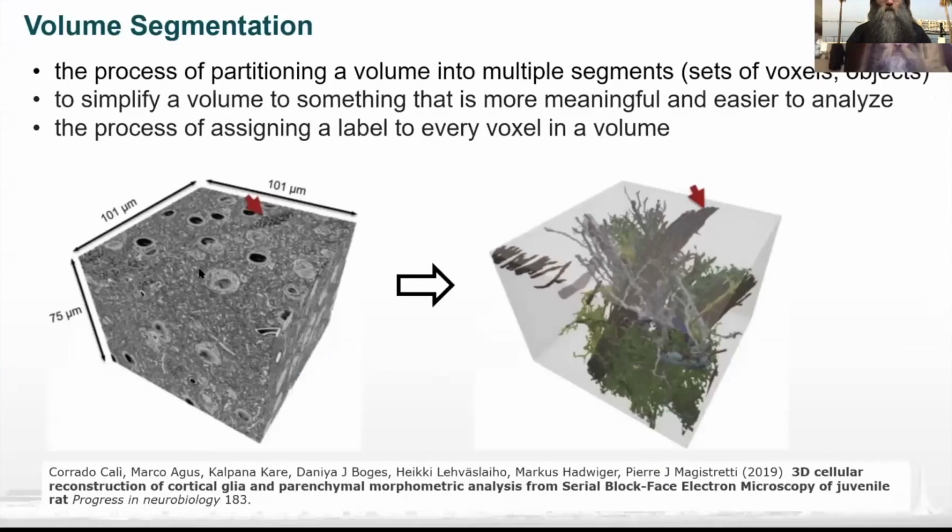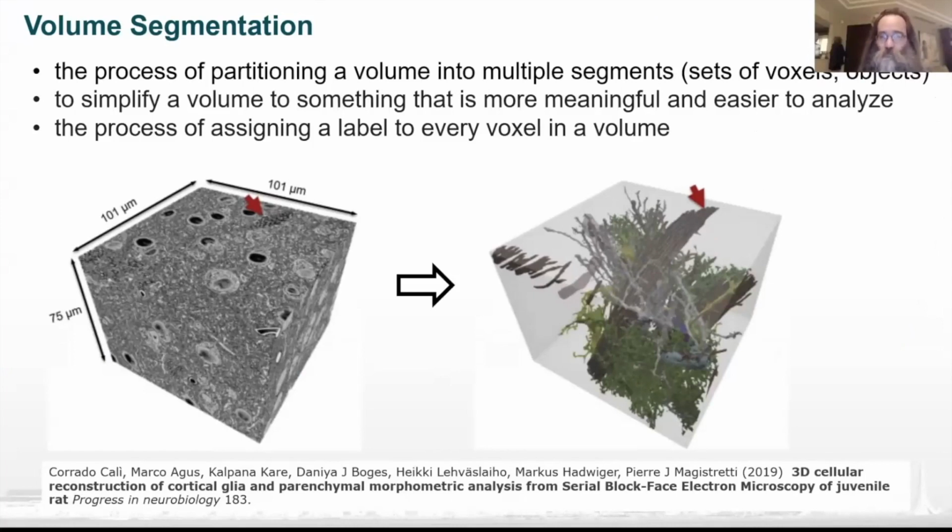Volume segmentation is the process of partitioning a volume into multiple segments, like sets of voxels, or you can think of them as objects that are inside your data. The example on this slide is an electron microscope scan of a tiny part of a rat's brain. This has been published about 2 years ago by people here working at KAUST.